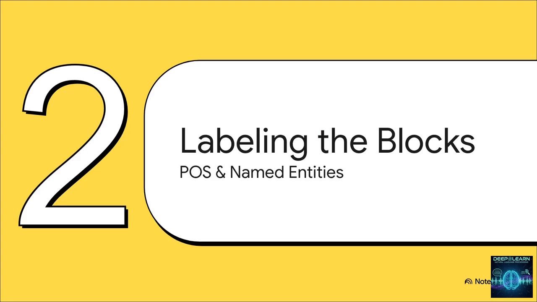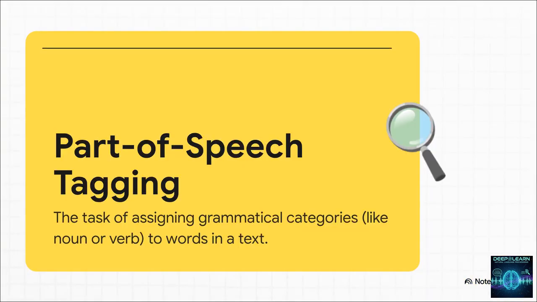All right, so once a machine kind of gets the main idea, it needs to zoom in. It has to start identifying the individual components. So what are the fundamental building blocks of this sentence? This is basically the machine's grammar lesson. Is this word a thing, an action, a description?